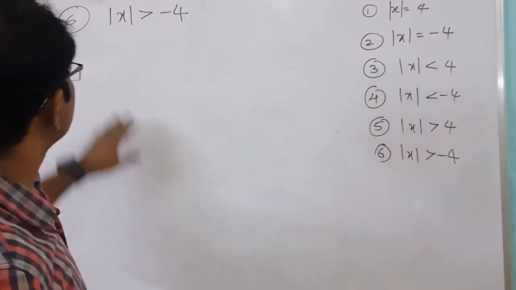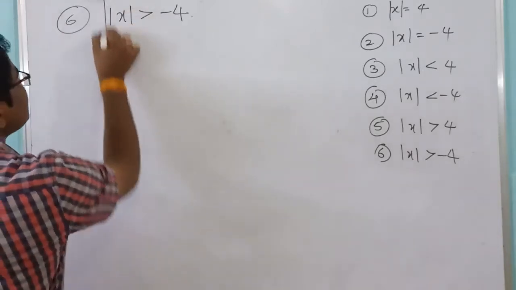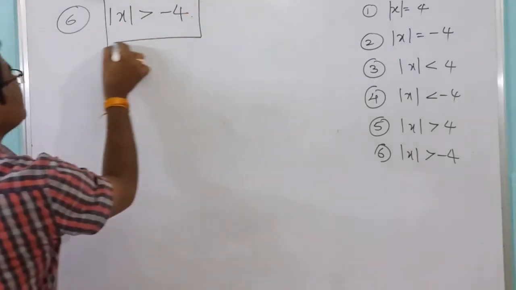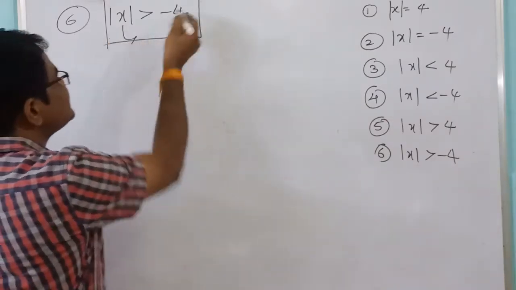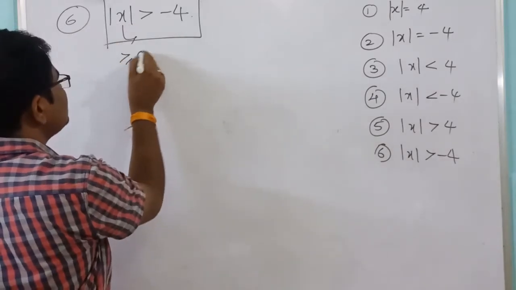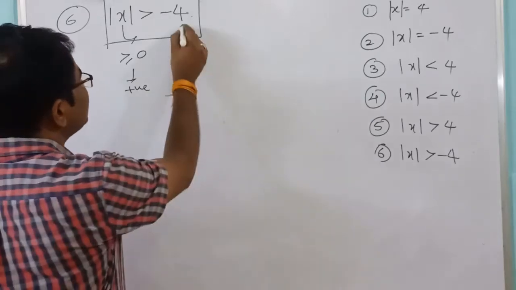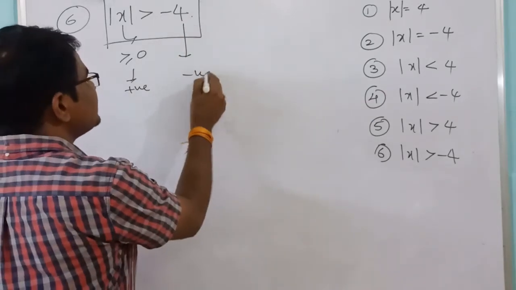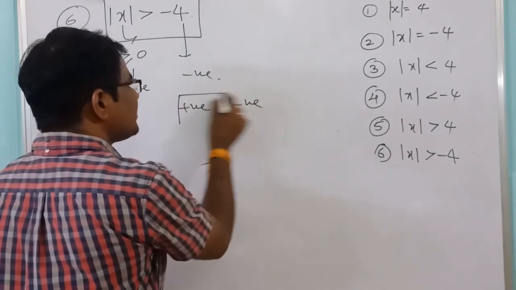Now see the last one, that is the sixth one, mod x greater than -4. So for which values of x does it exist? This is greater than or equal to 0, means positive, means non-negative real number, and -4 is negative, means a positive value is always greater than a negative value, or not?